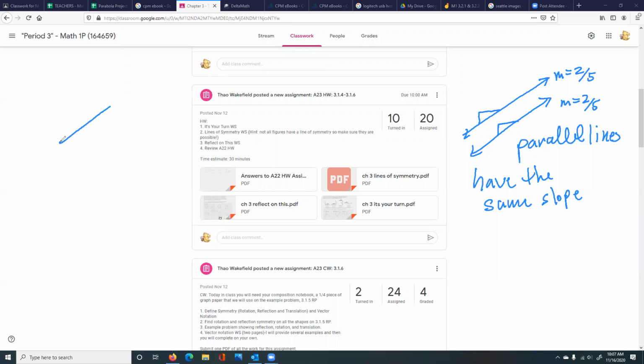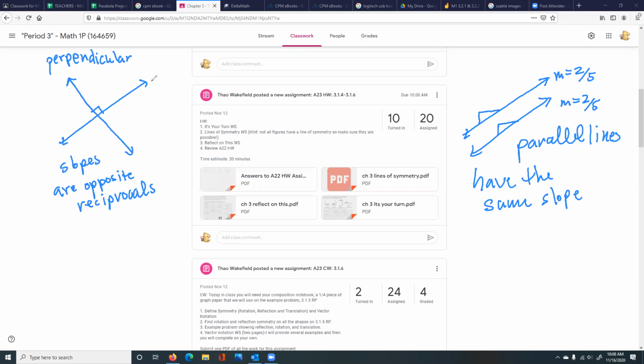We also learned about perpendicular lines. What do we know about perpendicular lines? We know that their slopes are not the same, because they're not going in the same direction. So they are opposite reciprocals of one another.